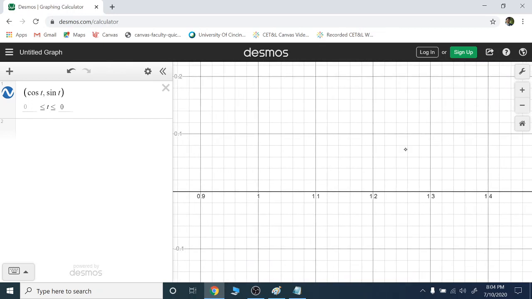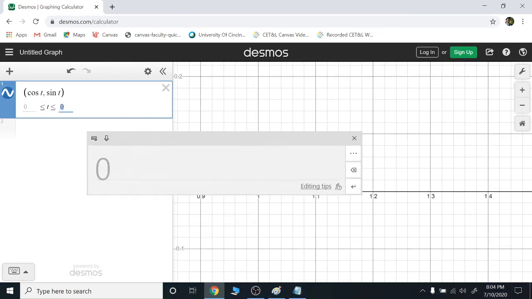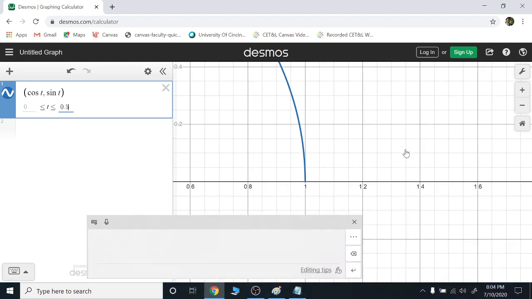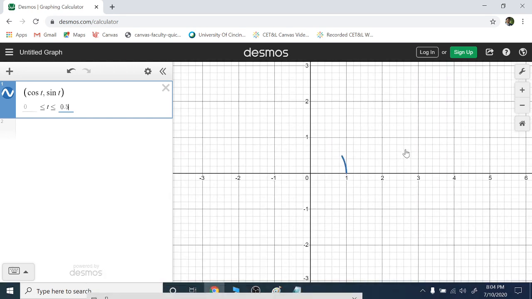And if we start increasing this value, let's say to 0.5, see, it will draw everything starting from 0 and up to 0.5, right?